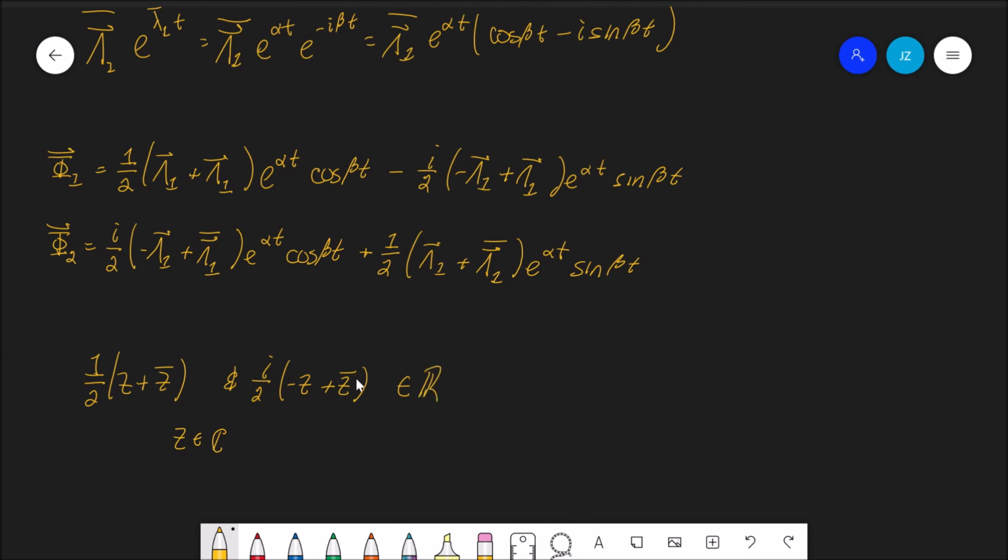So both of these values will be real. It will not be complex, will not have an i. So it makes sense then that these values are real numbers.